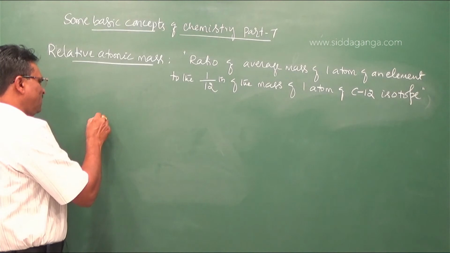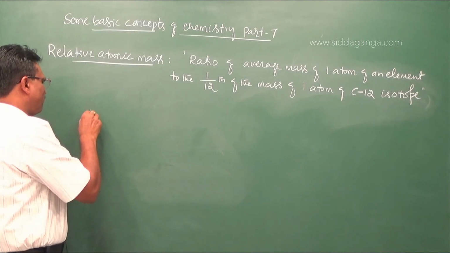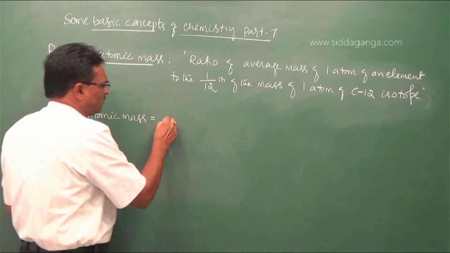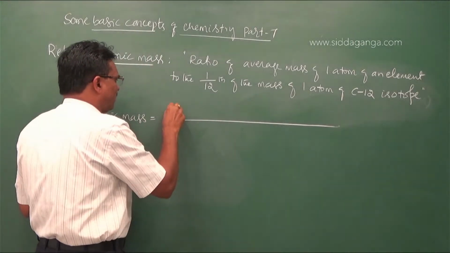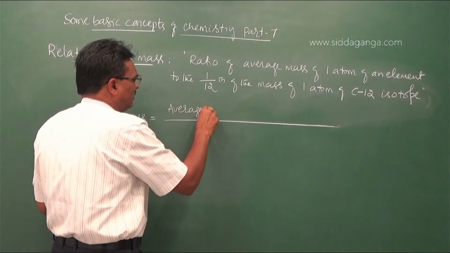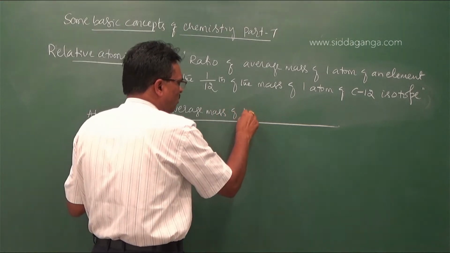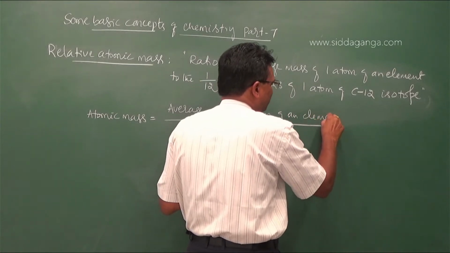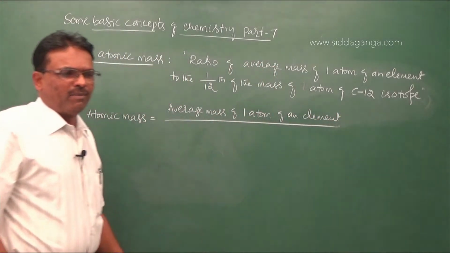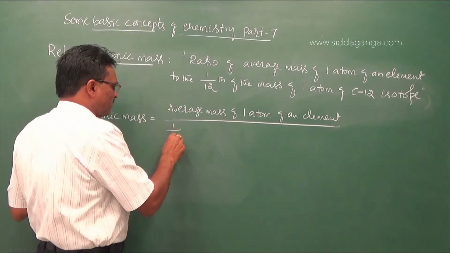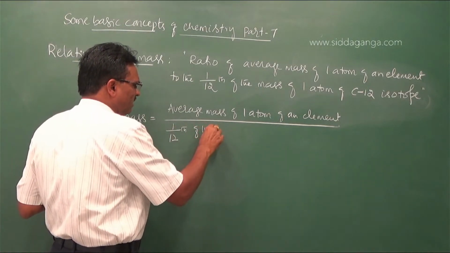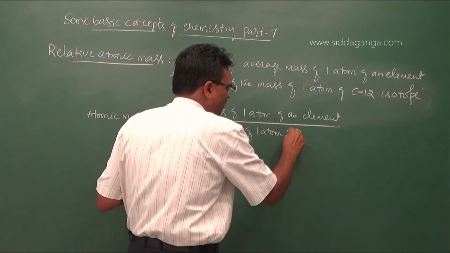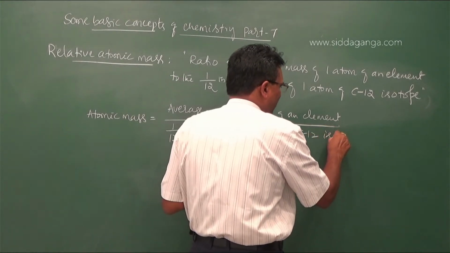So we know that atomic mass is equal to the average mass of one atom of an element divided by 1/12 of the mass of one atom of carbon 12 isotope.